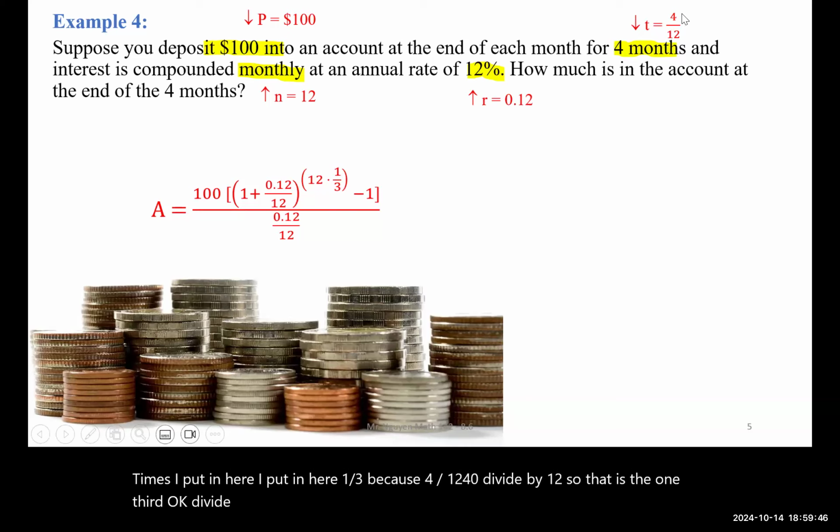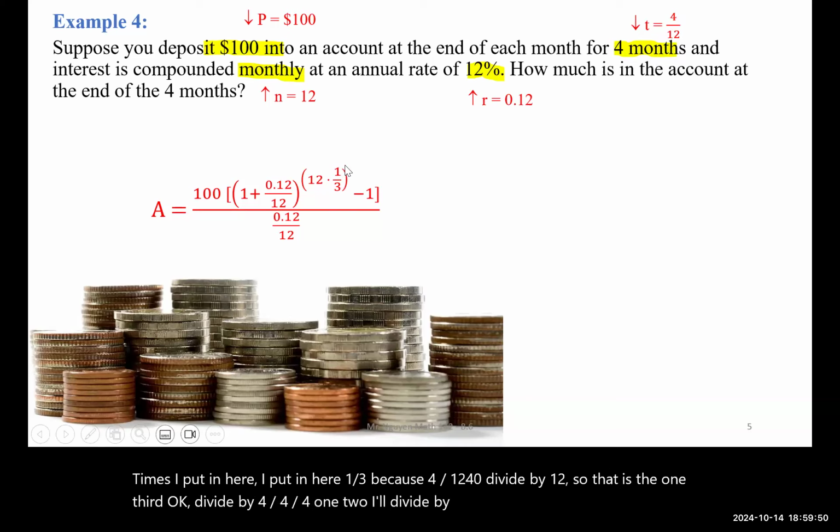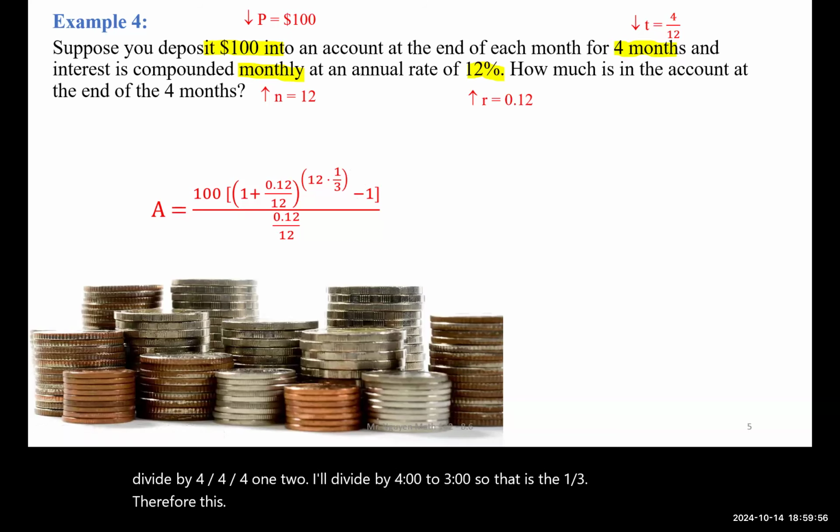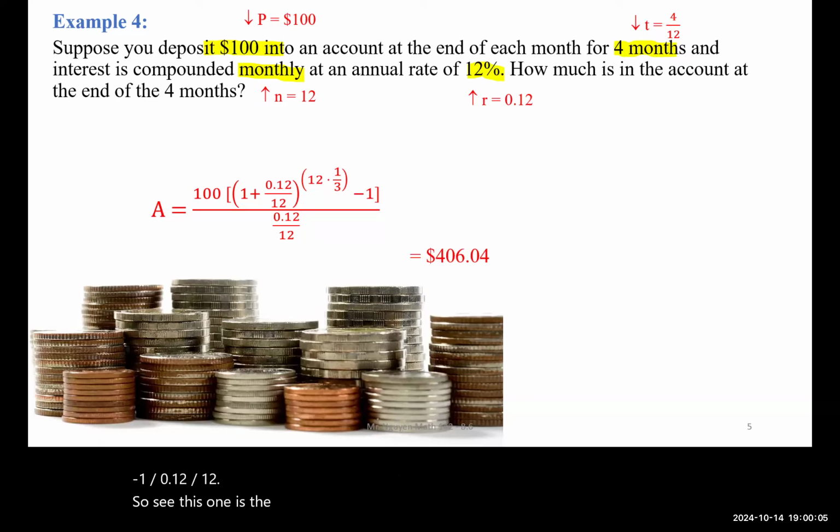Divide by 4, divide by 4: 4 over 12 is 1/3. Minus 1, over 0.12 over 12. See, this one is the money from 4 months. How much do you get back, little by little? $406.04.